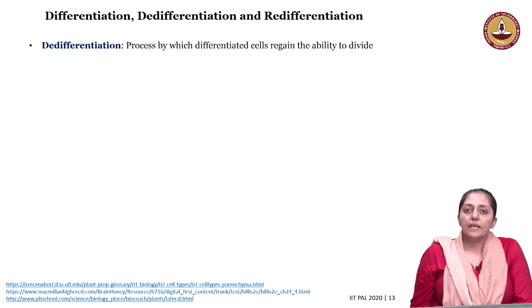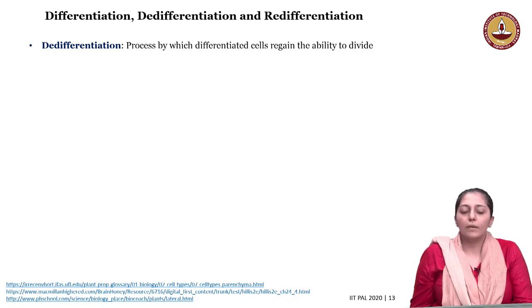So, dedifferentiation, what is it? It is the process by which differentiated cells again regain the capacity or the ability to divide. So, they return back to the ability to divide.